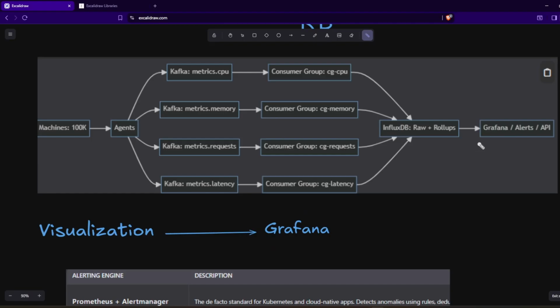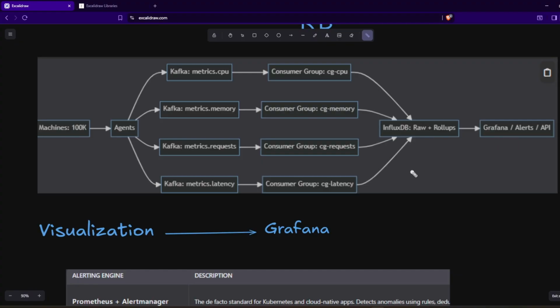Okay, so that is what the visualization is, and probably for the end user, this is one of the most important components. For the developers, definitely the querying capabilities of InfluxDB and other things are important, but for the business perspective, for the people who take the decisions, Grafana is a very important thing. And these days, across SREs and platform engineers, everybody is using Grafana.